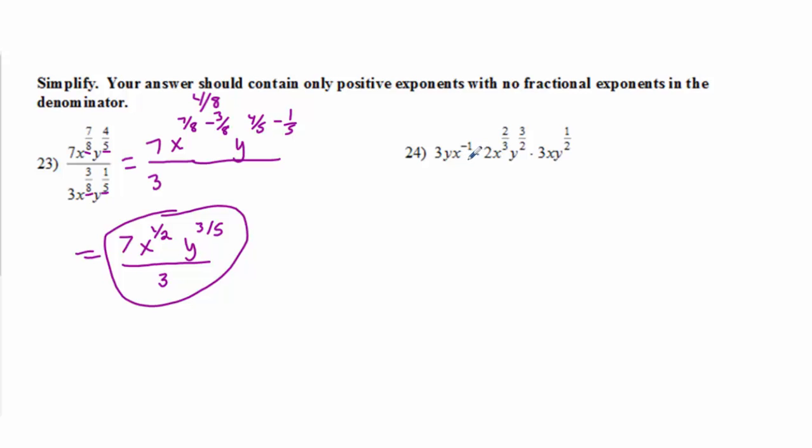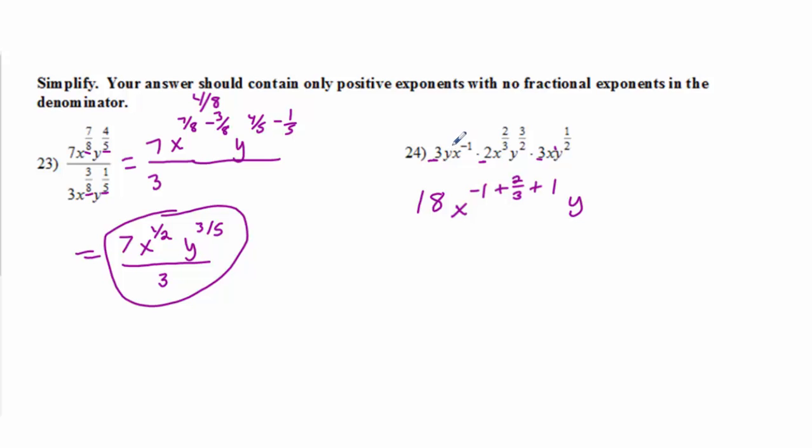All right, if there aren't any fractions, as in big fractions like this one, then we take our normal numbers, we're going to multiply those together. 3 times 2 times 3, which is 18. And then our exponents add together. So x, we're going to do -1 plus 2/3 plus, what does this x have as an exponent? Since it doesn't have one, it's just 1. Then we're going to do the same thing with our y's.